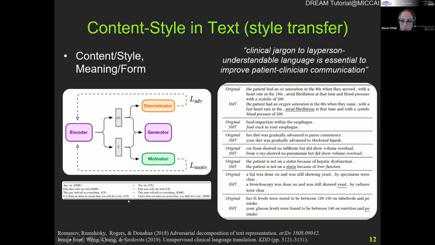We can consider that this might have application if we think about the letters that are written between doctors and we want to produce versions that are patient friendly. If we could convert from technical language into simple language, that would have interesting practical application.